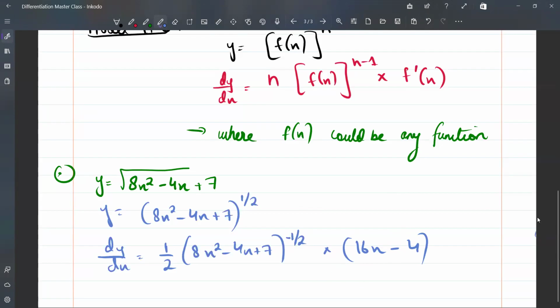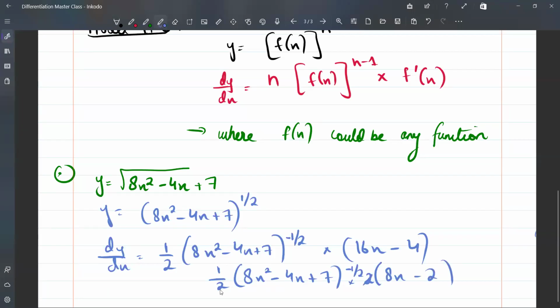All right, so this could be rewritten as, so we can do one thing here. We can now take 2 common from here, right?